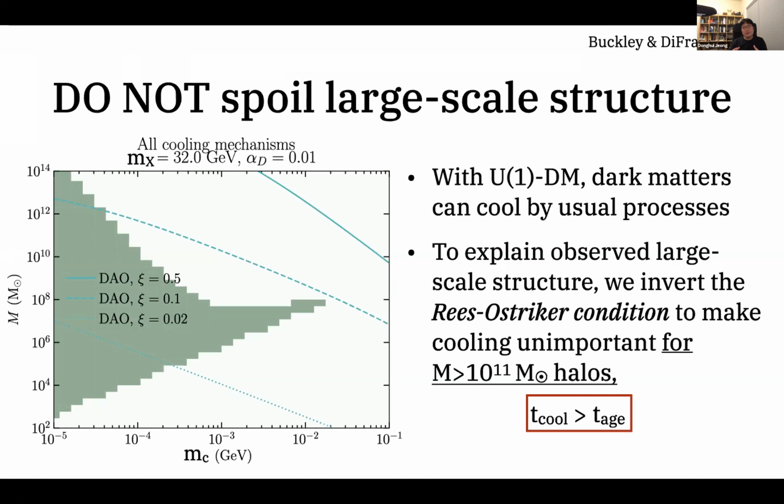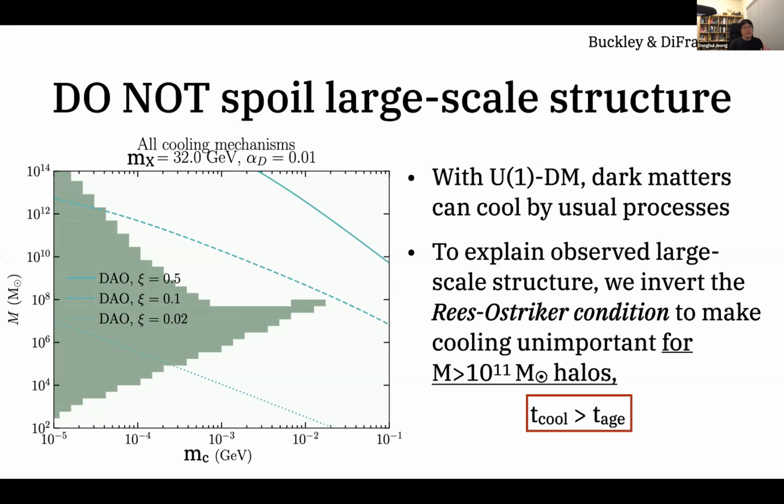So we don't want to spoil the great success of large scale structure. One way to do it is to require something like a Rees-Ostriker criterion, saying that the cooling time, the efficiency for a baryon to lose its energy, must be very, very inefficient for halos whose mass is greater than 10 to 11 solar masses, right?